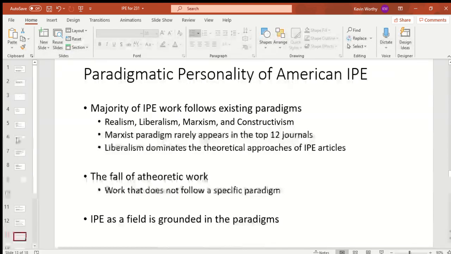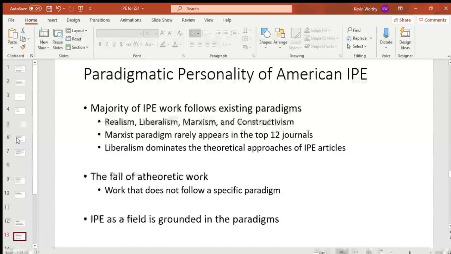I teach you realism, and then when we look at liberalism, we can have a contrast, and it's easier for you to understand liberalism because it is not realism. Liberalism takes off because it does a better job of explaining. You can predict economic exchange better with liberalism. Now, the problem is that any work based in liberalism has to follow that theory in every aspect.